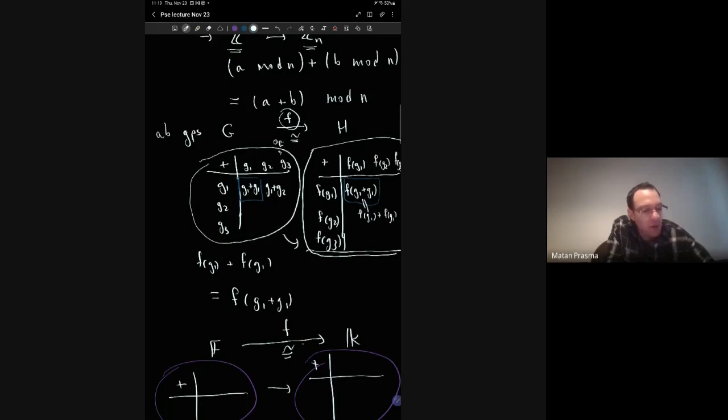And then I would know that since F is a homomorphism, F of G3 must be the 0 element in H, right? But a priori, I don't care.